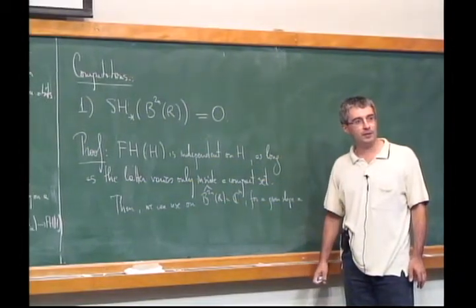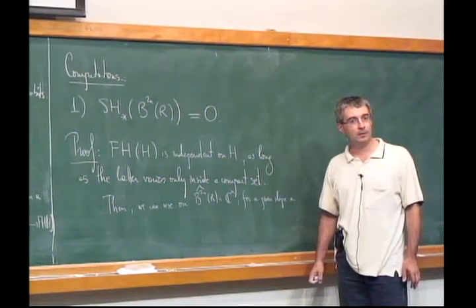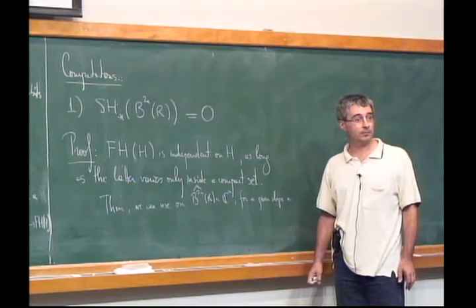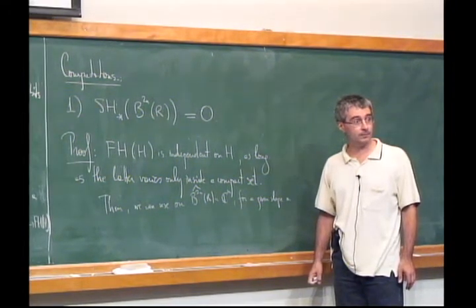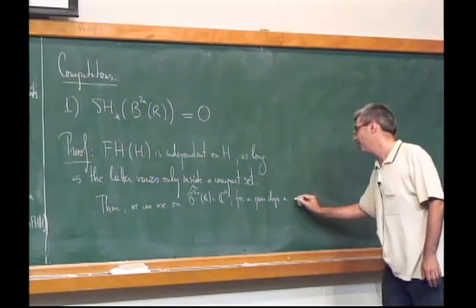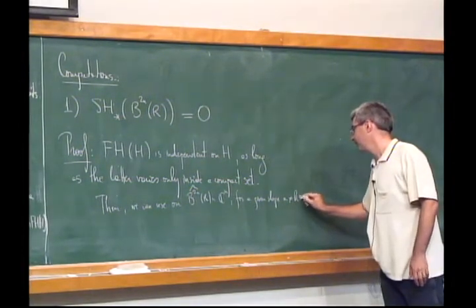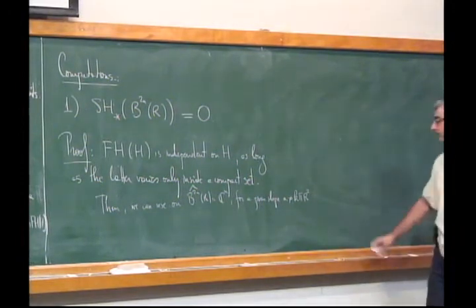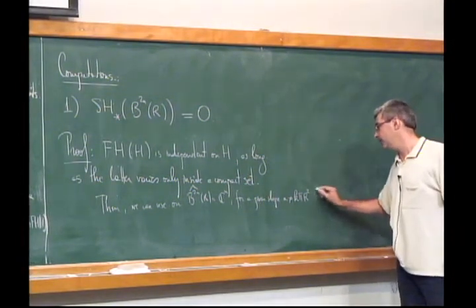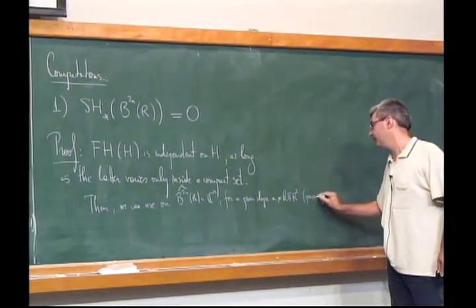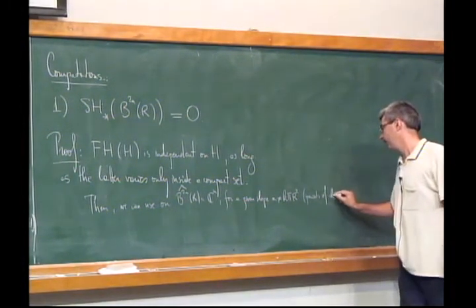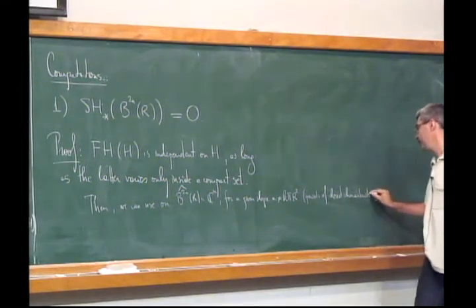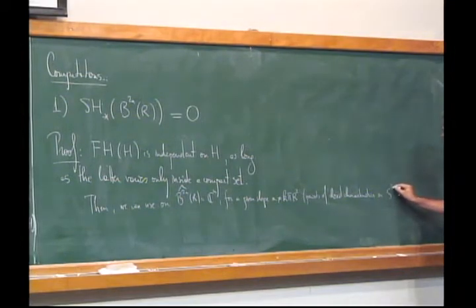And that is k pi R squared. And these are the periods of closed characteristics on the sphere of radius R.